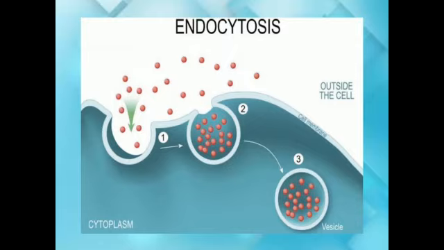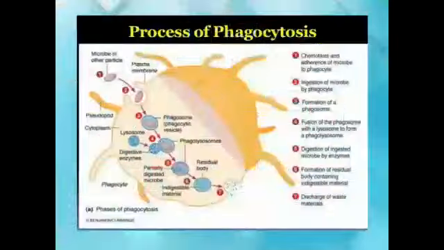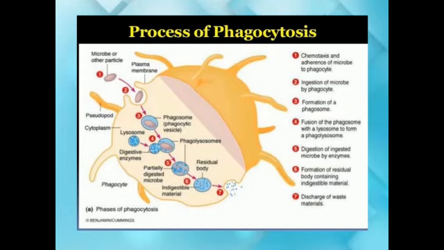So, moving on to phagocytosis, in which solid particles are picked and ingested by the cell. For example, WBC pick up foreign bodies from the bloodstream. In this way, they destroy the harmful bacteria which enter into our body.